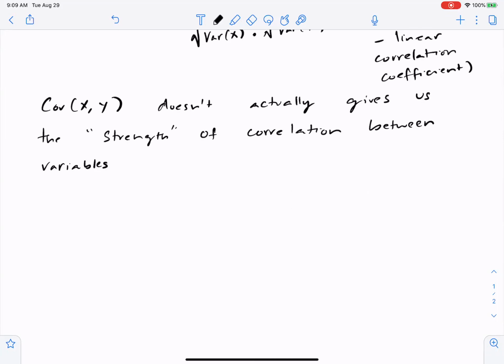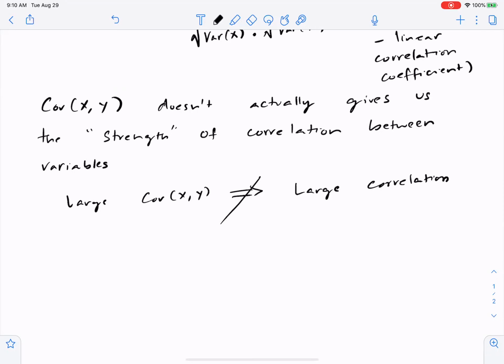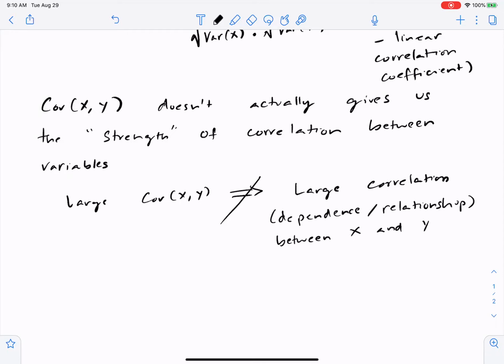So in short, a large covariance does not imply large correlation or dependence or relationship between x and y.